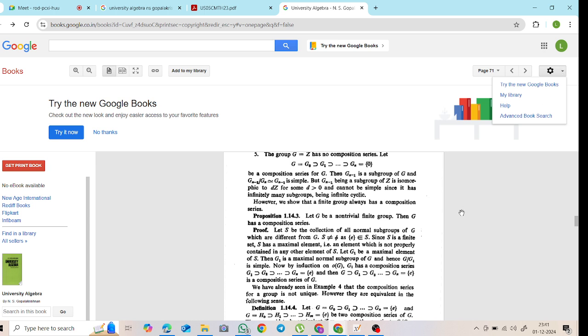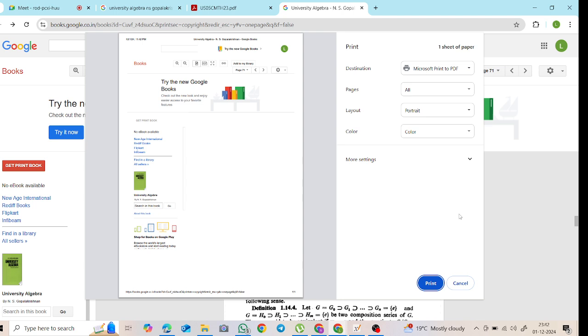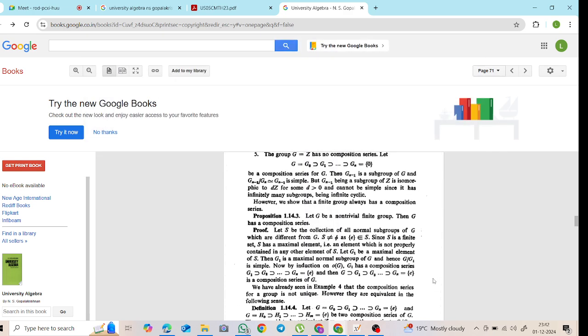Try new Google Books. Can you print it directly, I mean, by Control P? That was my concern, if you're going to print it.